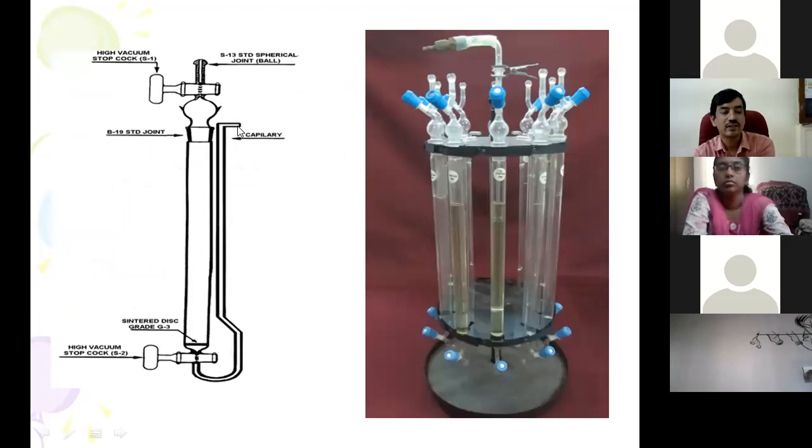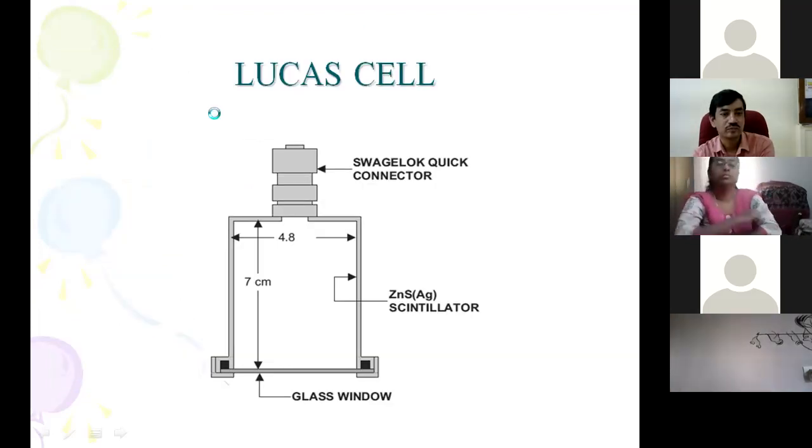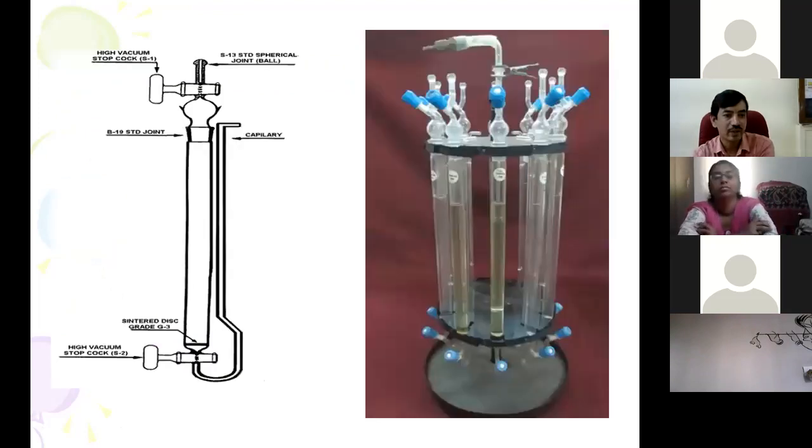Okay, this Lucas cell is evacuated. Therefore, air will pass in this direction, and it will enter into the Lucas cell. That means air will enter into this Lucas cell through bubbling the water which is filled in the bubbler. A filter paper is suitably connected so that it creates small bubbles.